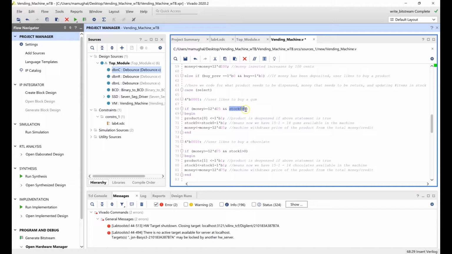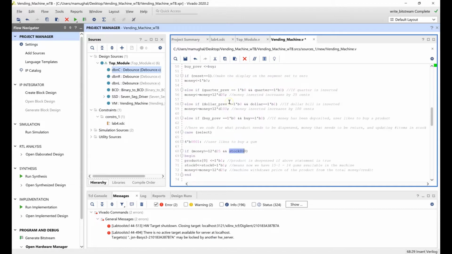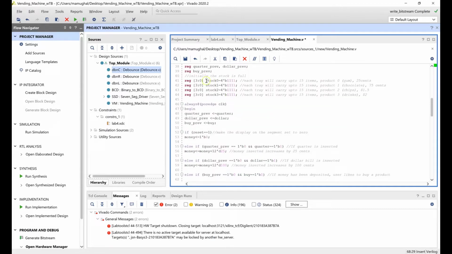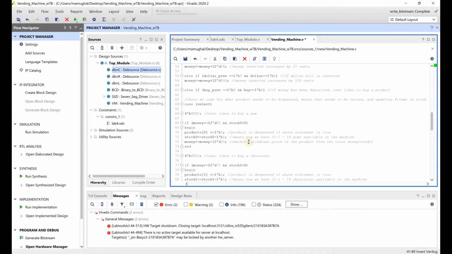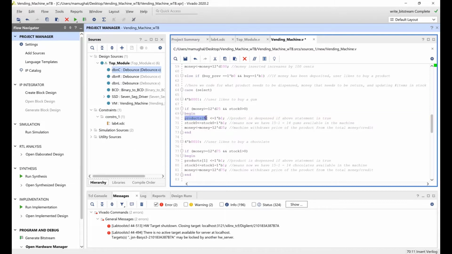If stock 0 is greater than 0, remember, stock 0 is your gum, then it's going to turn product 0 on, basically just saying, hey, gum is going to be on. Stock is going to go down by 1, so say if there were 15 gums initially, now we have 14 gums after the buy button is pressed.